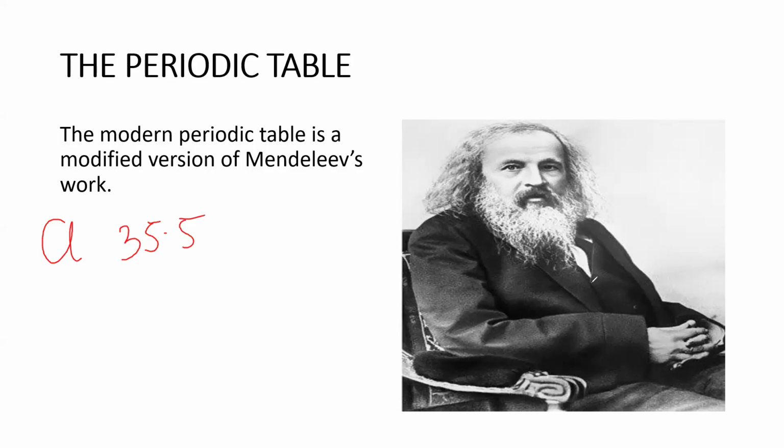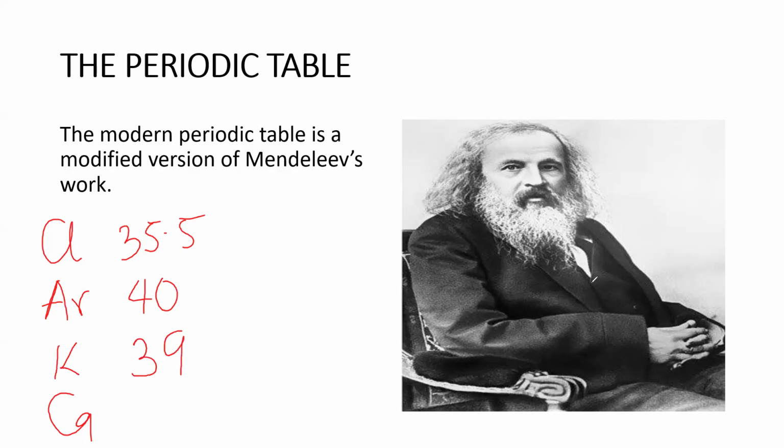After chlorine, we have argon on the modern periodic table. Are we together? The relative atomic mass of argon is 40. Then after argon, the next period, we have potassium. Then after potassium, we have calcium. Now I want you to notice something. The relative atomic mass of potassium is 39.